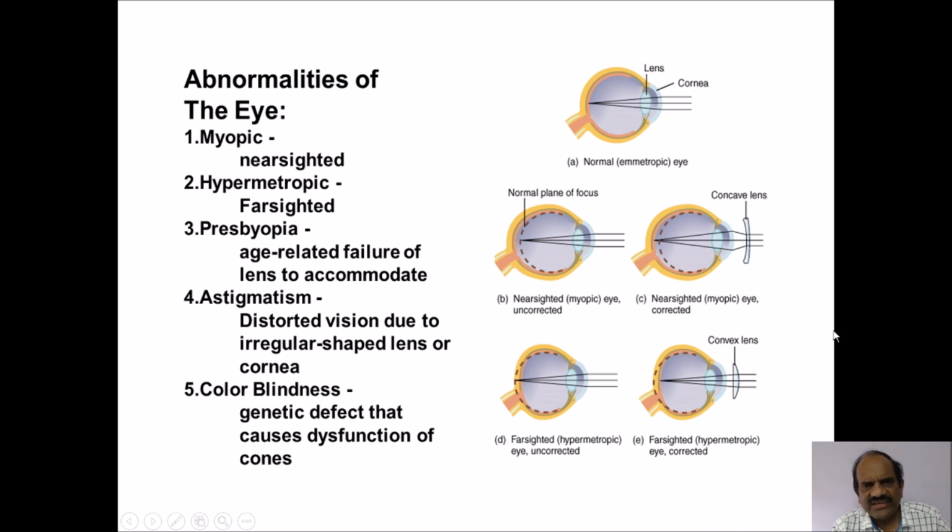Then this is the far-sighted eye, or hypermetropic eye. In the uncorrected eye, as compared to myopia, here there occurs a reduction in the anterior-posterior axis of the eye, and it is corrected by a convex lens.